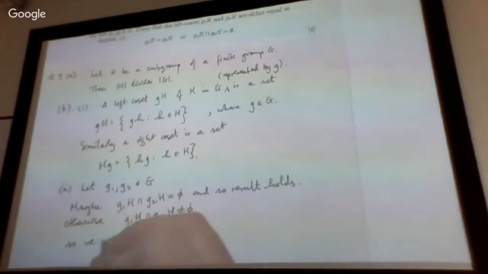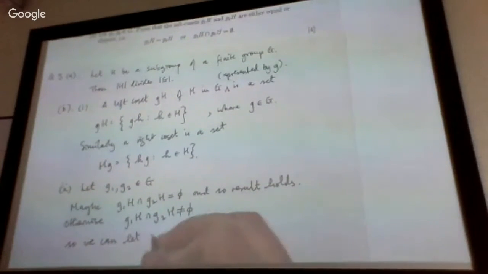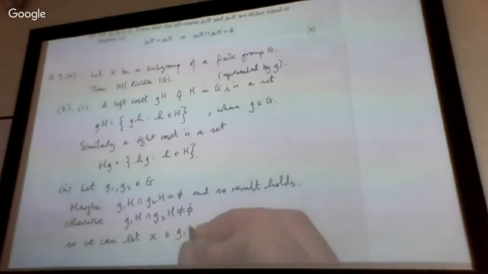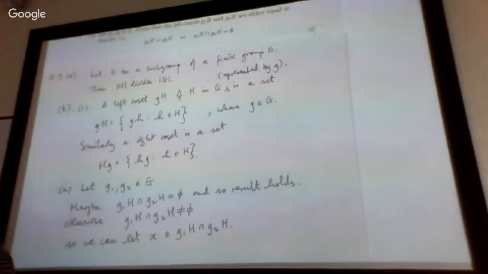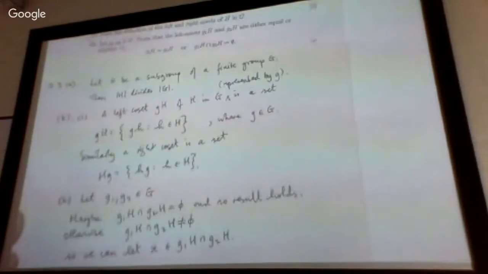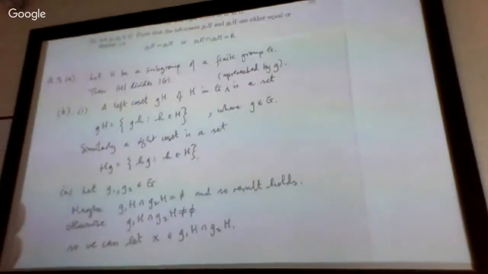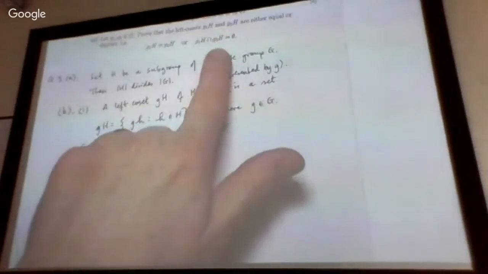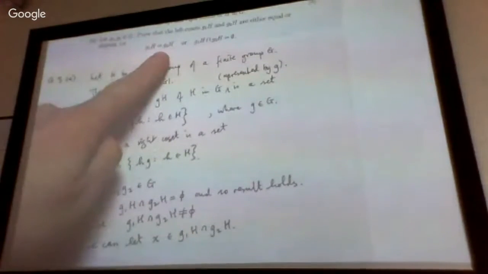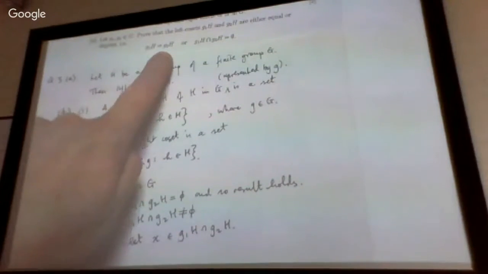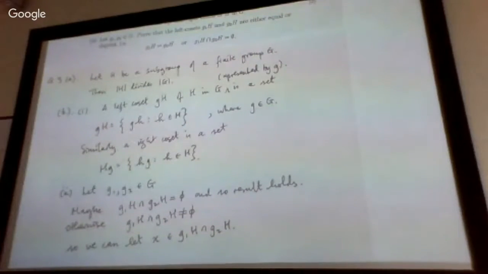So we can let x be an element of the intersection. If the intersection not being empty is somehow significant, we should immediately grab it and inspect the things in the intersection. So we take one of the elements. Now it's clear what our strategy should be: we're trying to prove the other part of the or statement, so that g1H is equal to g2H.